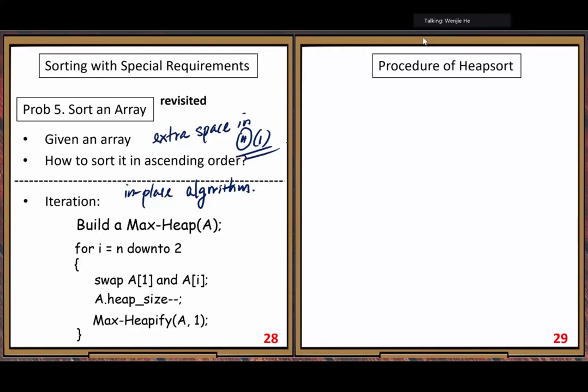But that recursion, we can easily modify to a for loop. That recursion is just for convenience. It may not be necessary. For the heap, because of its structure, we can switch to iteration easily.